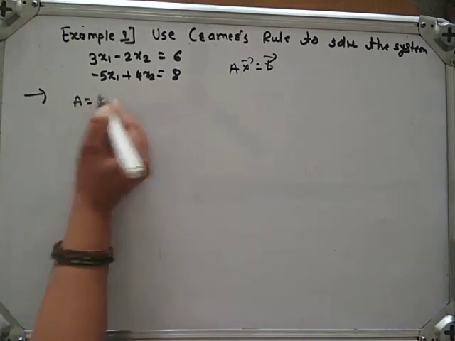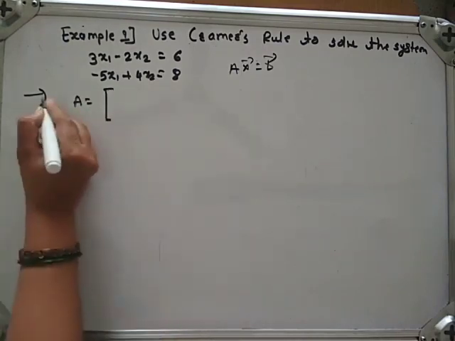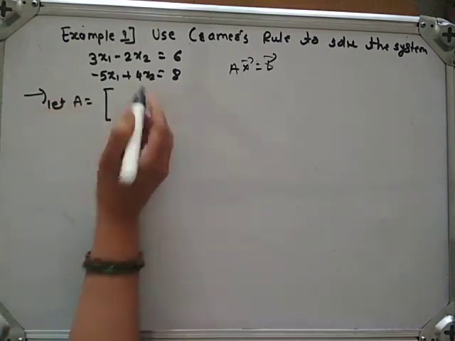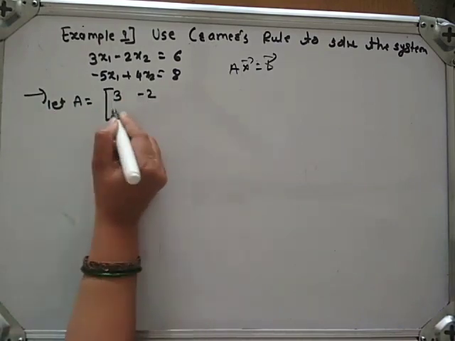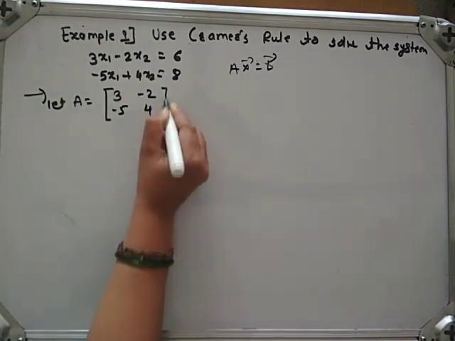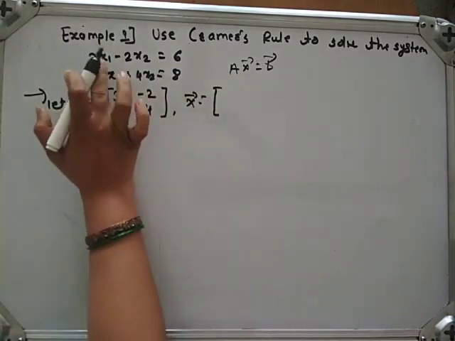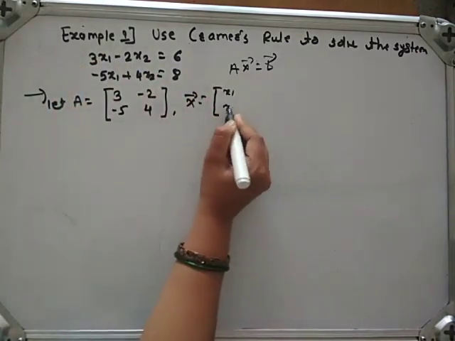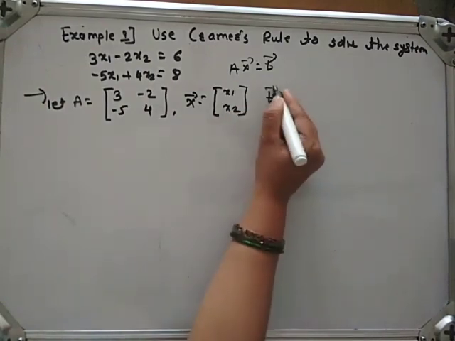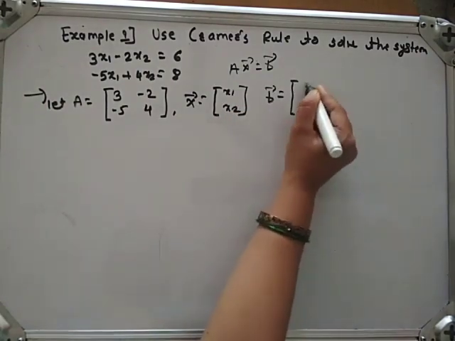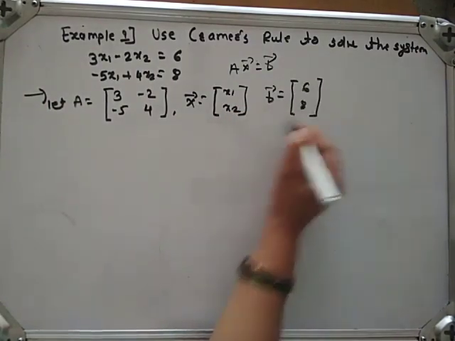Let A is equal to the matrix 3, minus 2, minus 5, 4. Here there are two variables, so x bar is equal to x1, x2, and b bar is equal to the matrix 6, 8.